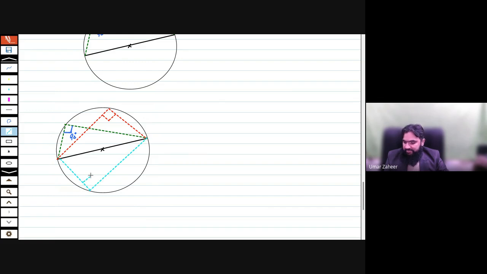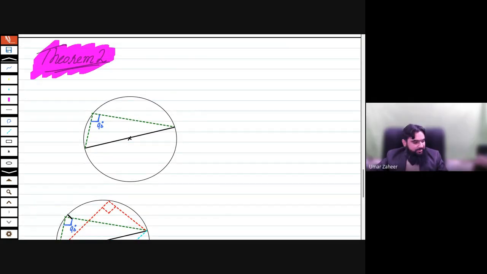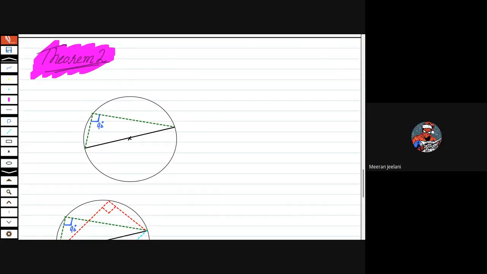I'm pretty sure it is 90 degrees. Why? Because this angle is subtended from the diameter, or in other words, from the semicircle. So that's why this angle is always equal to 90 degrees. Yes, everyone, is theorem 2 clear? Yes, sir.